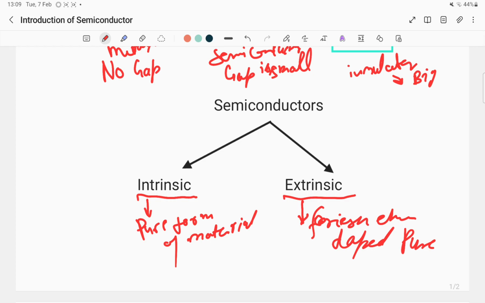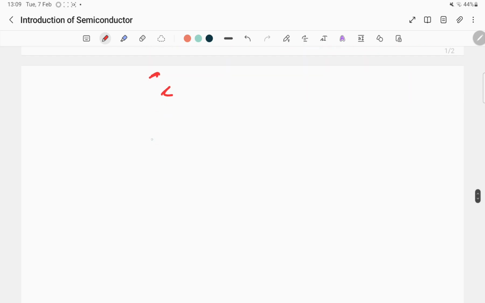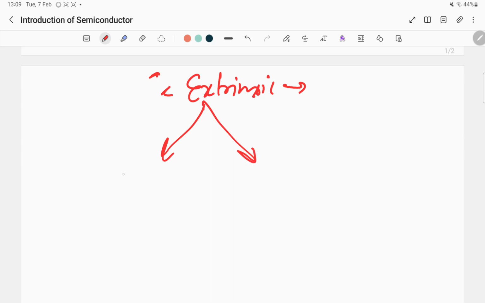In extrinsic semiconductors also, there are two types of semiconductor. One is N type, second is P type.